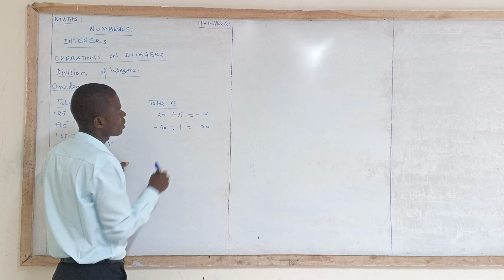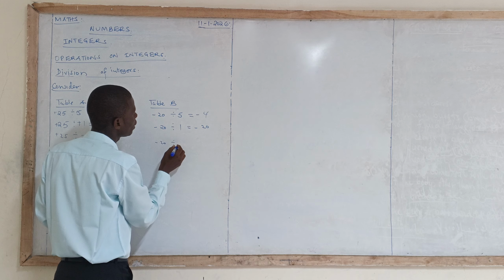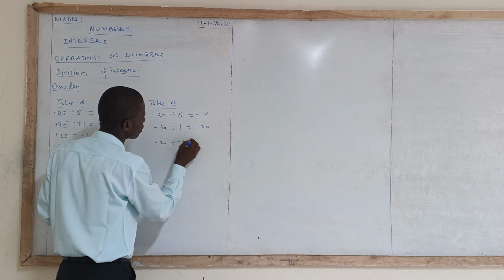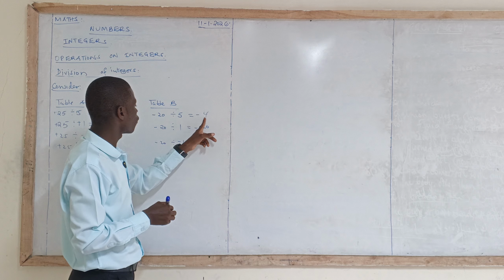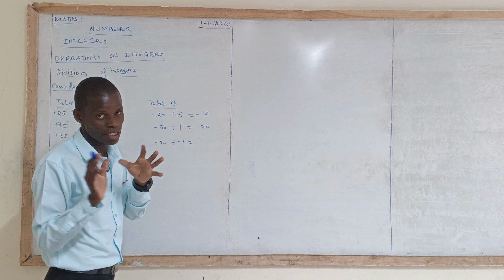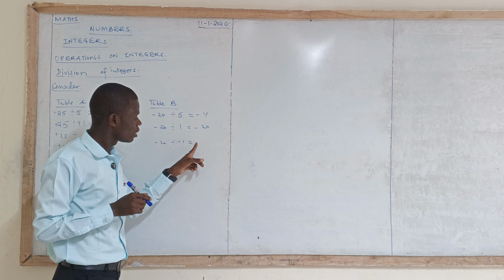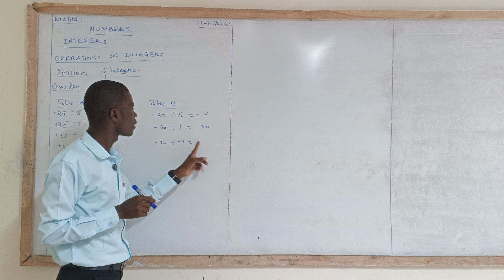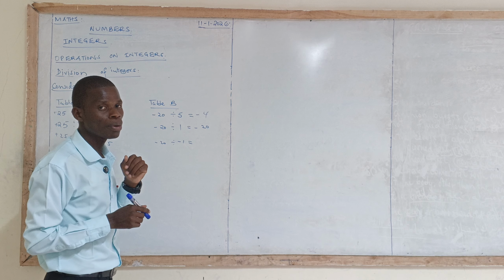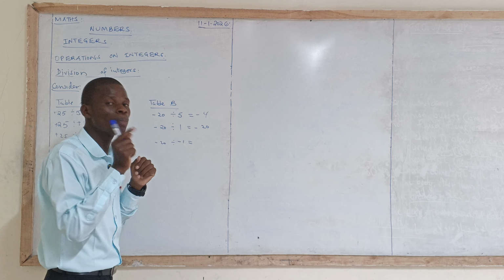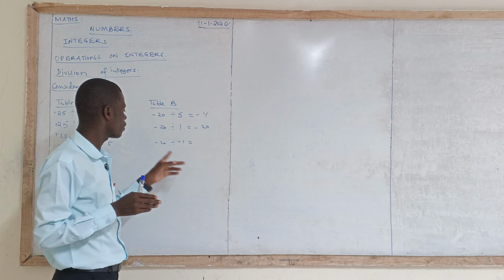If I move downwards, what am I going to have? I'm going to have negative 20 divided by negative 1. Remember, I had negative 4 here, I had negative 20 here. So this is just small thinking. A number that if I multiply by negative 1, I get negative 20. That number must be positive. Remember, positive multiplied by negative gives us negative.